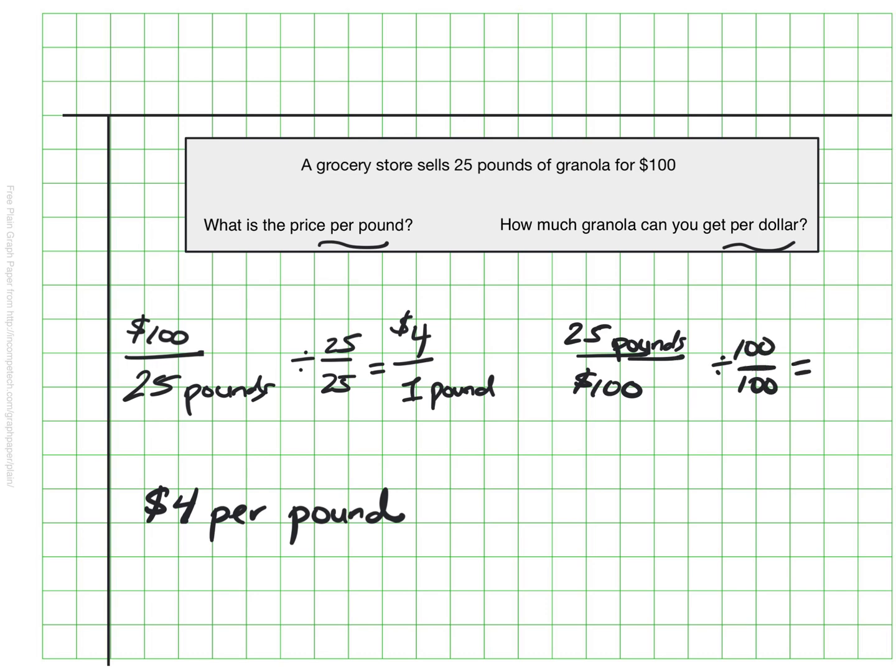And in doing so, I'd figure out my $1. And if I do 25 divided by 100, I would end up with 0.25 or 25 hundredths. And that's a unit rate too, right? I can get a quarter of a pound, 25 hundredths of a pound for $1. If I say I have $1, how much can I get? That's how much I'd be able to get.